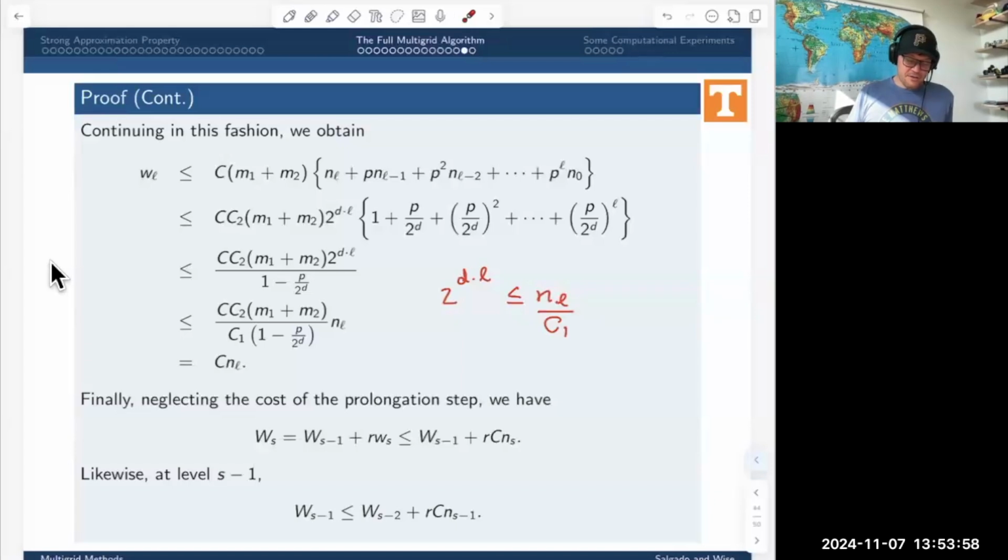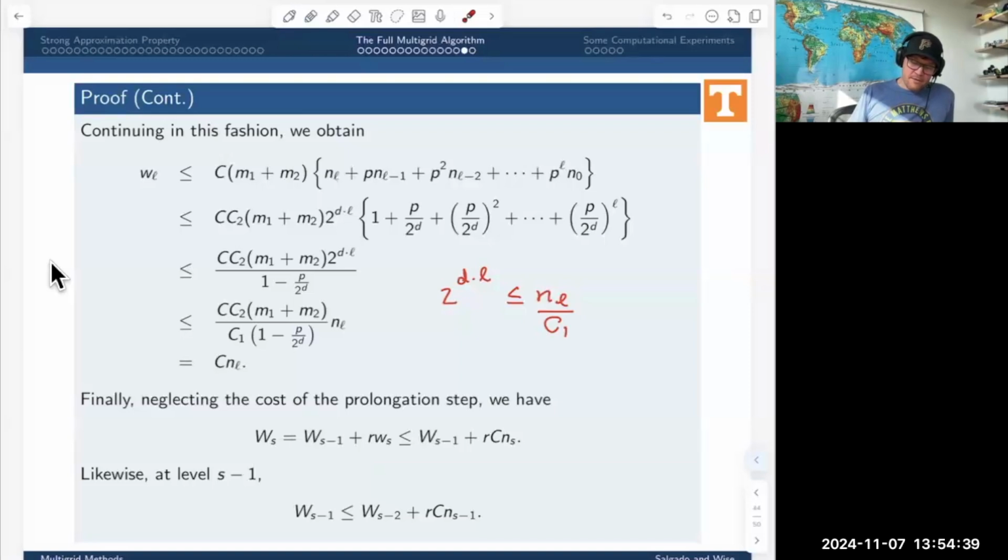Now, if we neglect the cost of the prolongation step, then the total work in getting to WS would be the work for S minus 1 plus applying the multigrid operator R times, because that's how it works. Of course, I've neglected the cost of the prolongation and pushing the vector up, but otherwise, the cost of the full multigrid algorithm is the cost of the full multigrid algorithm at the level below, plus the cost of R applications of the standard multigrid operator, which cost we tabulated as small ws.